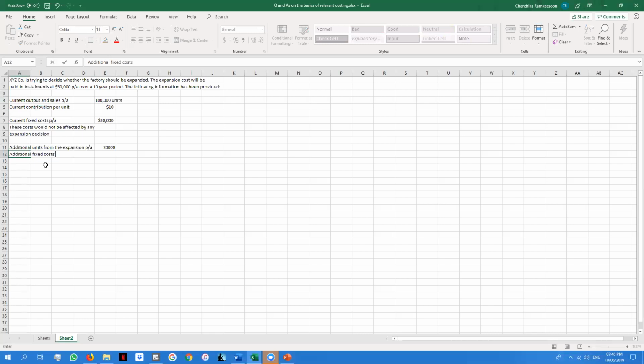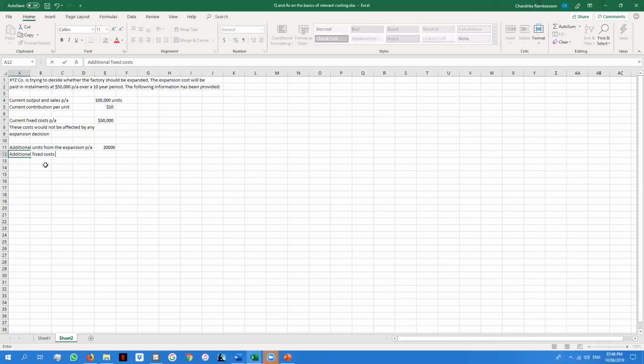Yes, the company has to incur fixed costs in future from the existing fixed cost, but whether or not the company decides to go ahead with the decision to expand, those fixed costs would still be incurred. So a student may say, but every year the company has to pay $30,000 in fixed costs, which means next year when they've expanded, if they decide to expand, they'll pay $30,000.